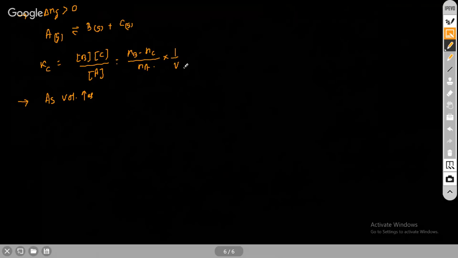So if this volume is increasing, to maintain the ratio, this Nb Nc value should also increase, right? And that is only possible when the reaction goes in the forward direction, right? So as volume increases, the number of moles of product should also increase to maintain the ratio, and that is only possible when the reaction goes in the forward direction. Is it clear?